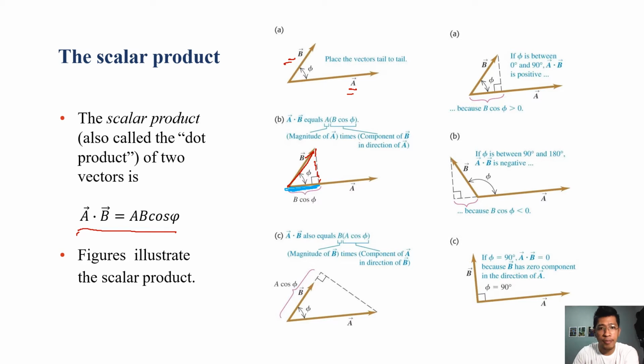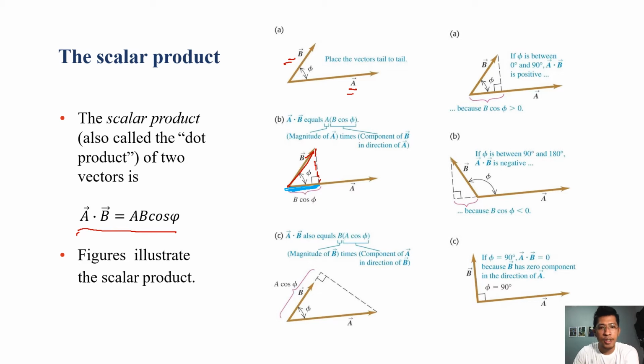So your A dot B is actually equal to A times the projection of B onto your vector A, which is AB cosine phi.